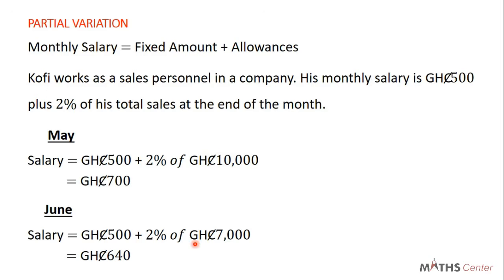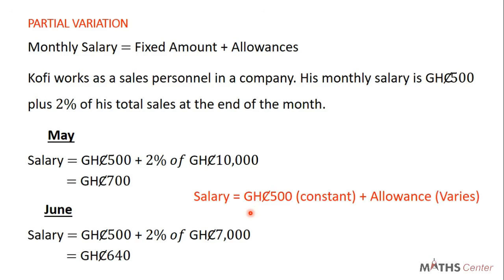In the month of June, Kofi had an allowance of 140 Ghana cedis, because his allowance is determined by his total sales at the end of the month, and definitely his total sales at the end of the month will keep on changing. So Kofi's salary structure is like this. It's determined by a fixed amount, that is 500 Ghana cedis. That is a constant. So you can see from here that the 500 Ghana cedis doesn't change, but his allowance varies or changes.